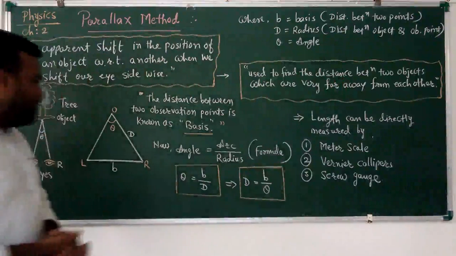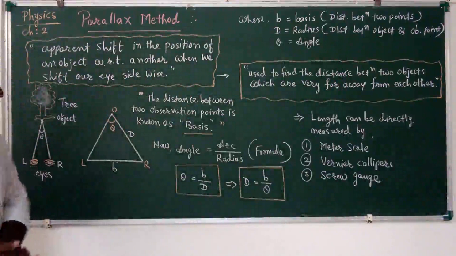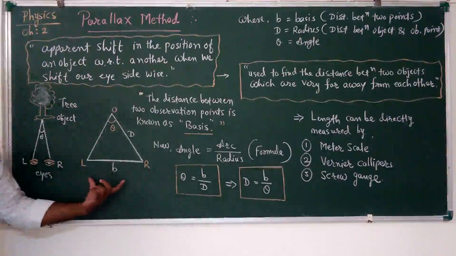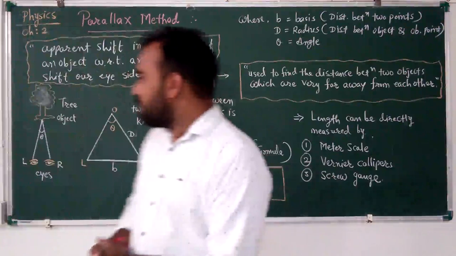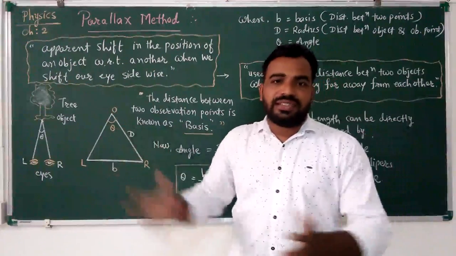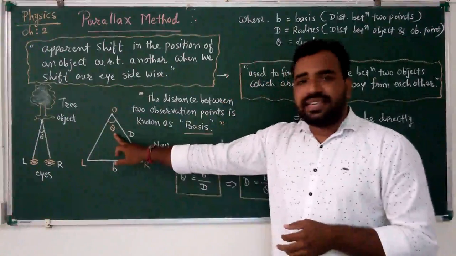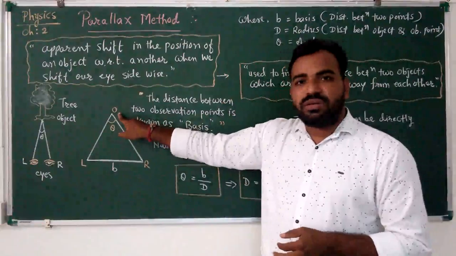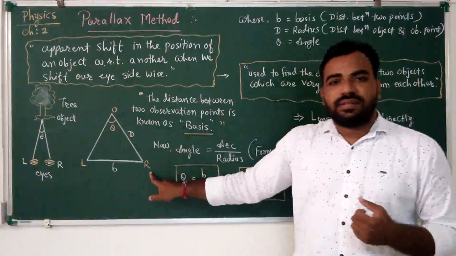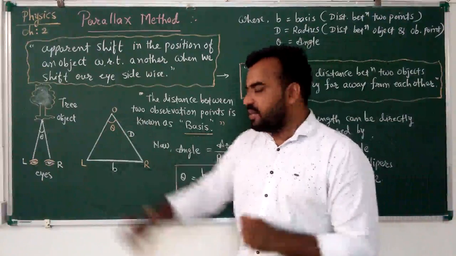Now in this figure, O is the center point. This is left eye, this is right eye, right? And from this figure what we can say? We have different values. Theta is the angle, O is the center point, or we can say object. This is the point of right eye, right? This is the point of left eye.